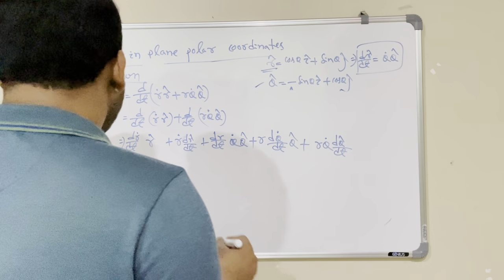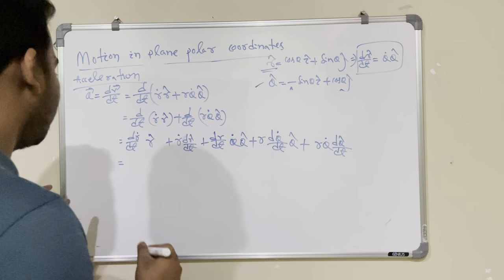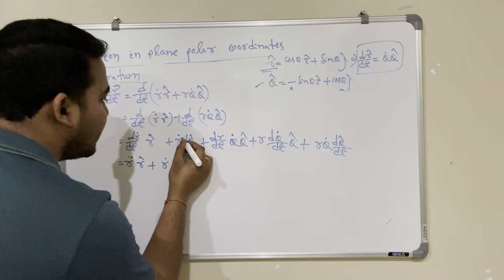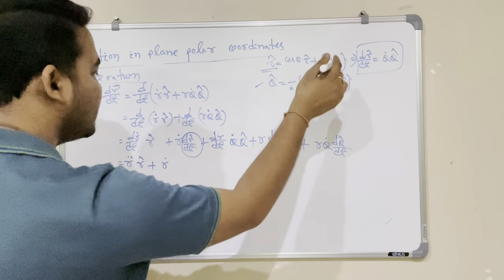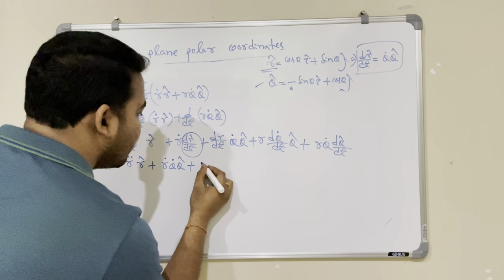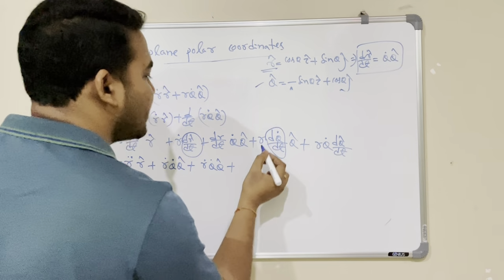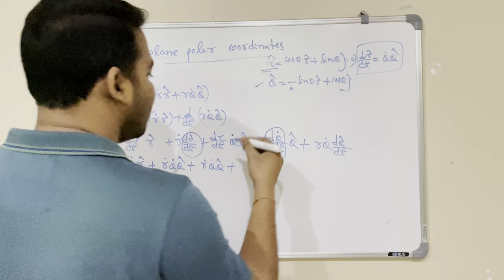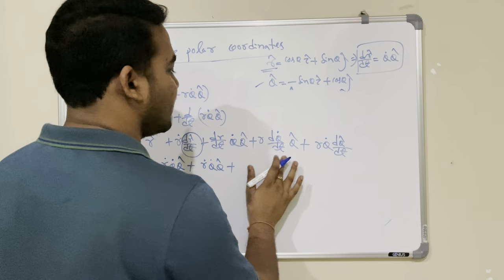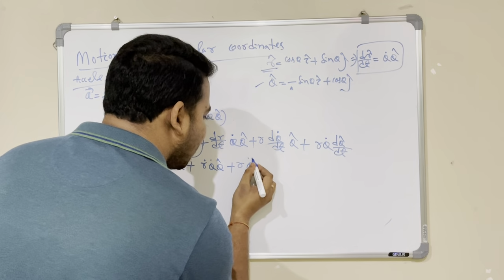Here we can write d r dot by dt as r double dot, so r double dot r cap. Here dr cap by dt we know is theta dot theta cap, so this is r dot theta dot theta cap, plus r dot theta dot theta cap, plus d theta dot by dt, which we can write as r theta double dot theta cap. We still have to calculate d theta cap by dt.